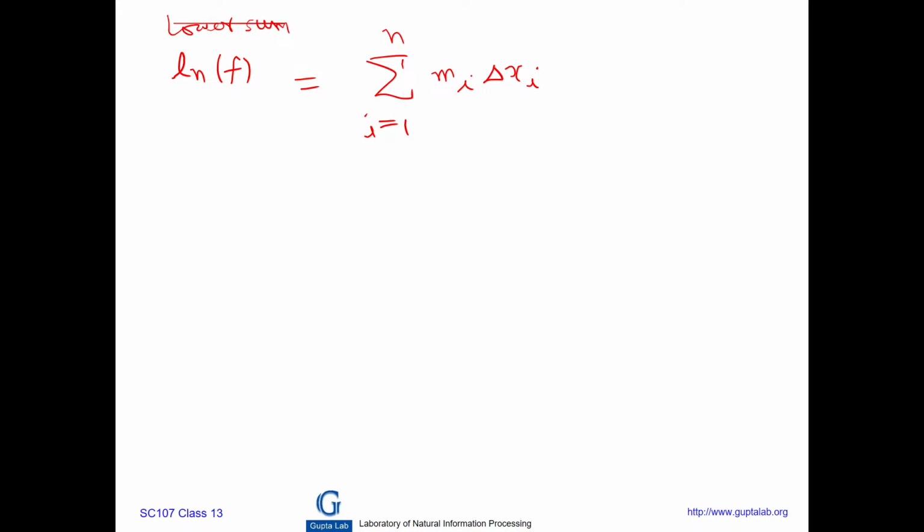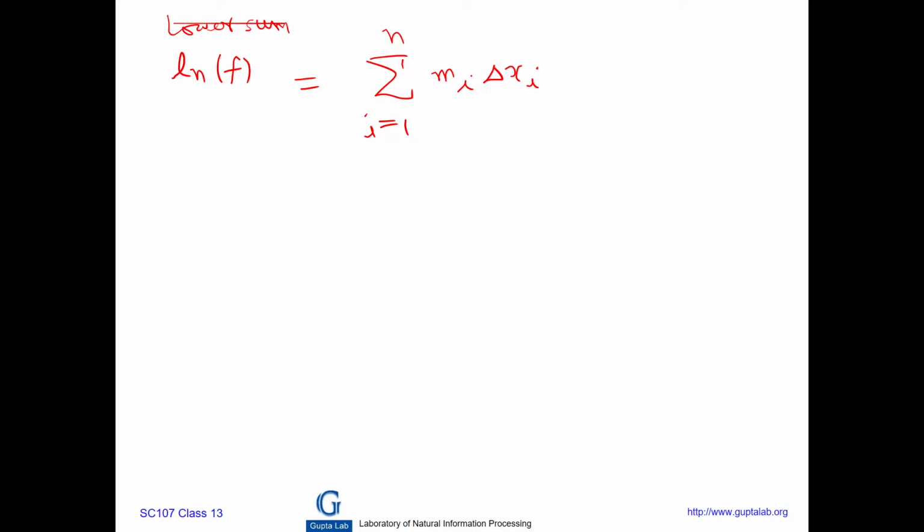So I can define three kinds of sums. Xi is a point between xi minus 1 and xi, right? And if I compute f of xi, that will be the height of the strip times breadth, so overall it is the area.